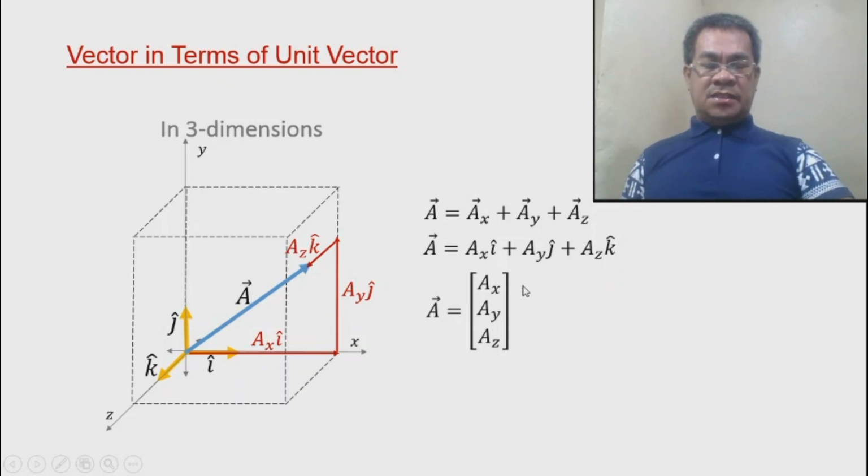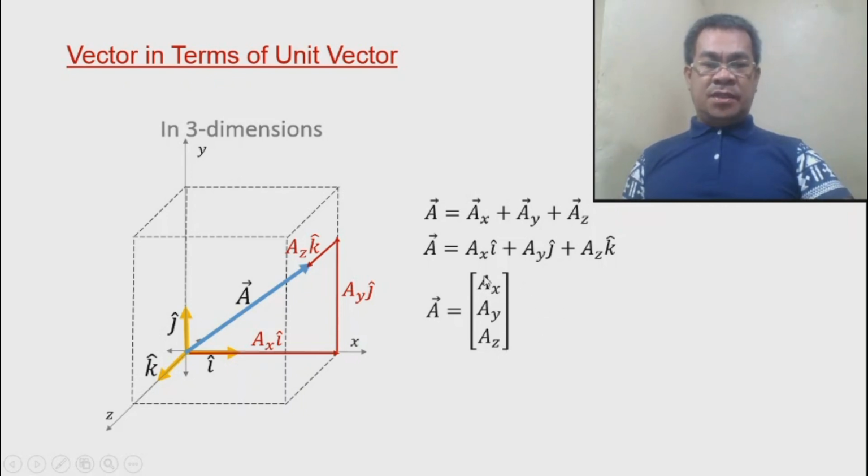The first or upper element is the magnitude of the x component of A, followed by the magnitude of the y component of A and the z component of A. So these are the magnitudes of the components. The i hat is automatically in the first or upper position, and then the middle and the lower.